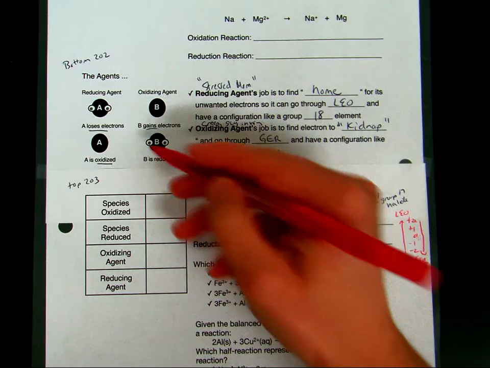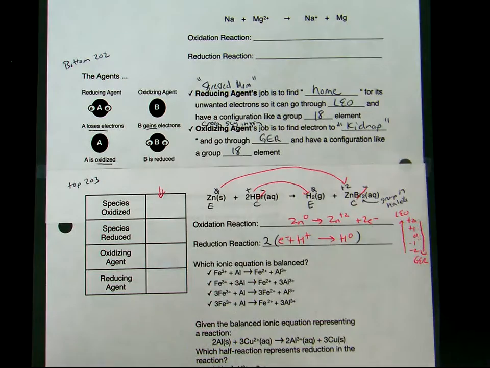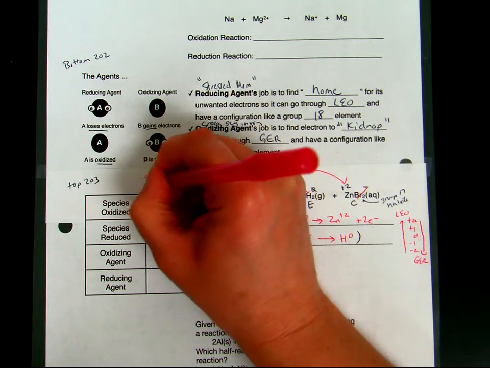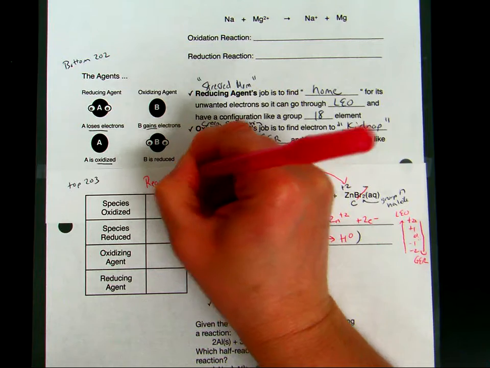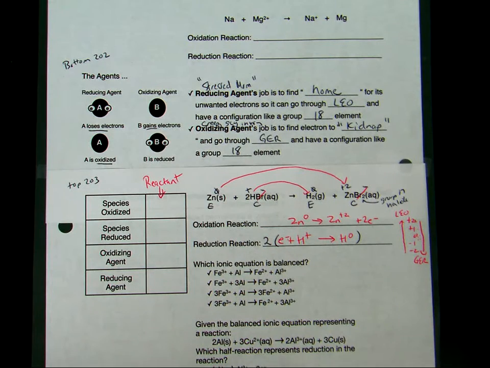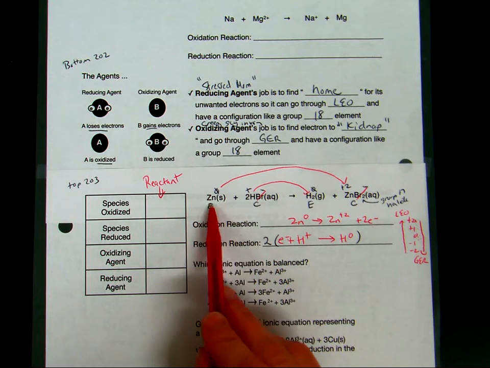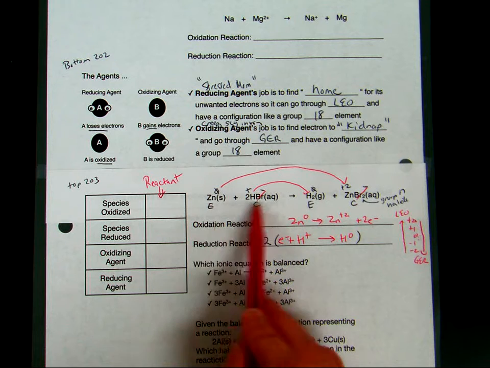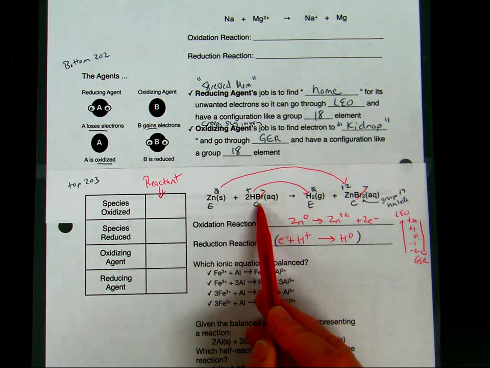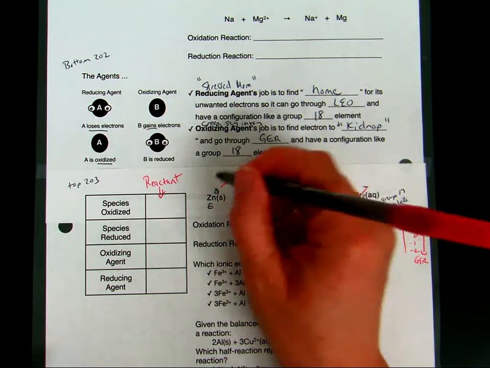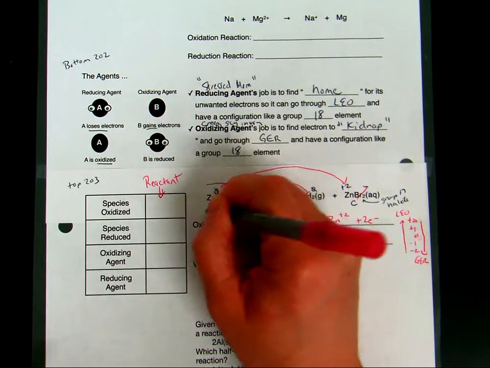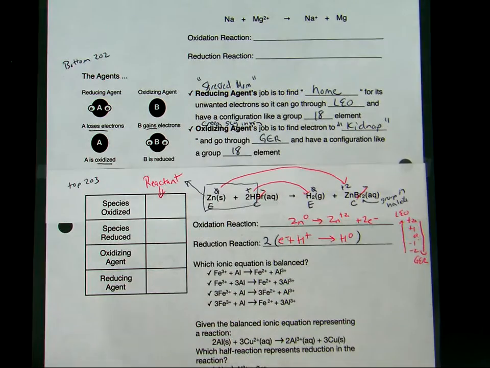Now, the thing is that this answer needs to come from the reactant side of the reaction. And if you notice, what's left in our reactant side? Zn0 and H plus, because Br is a spectator. So I'm going to box these guys in. These must be our answers for those questions.